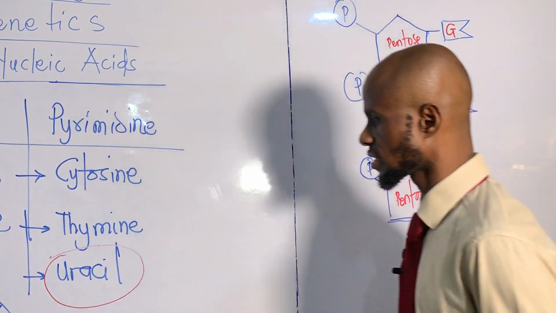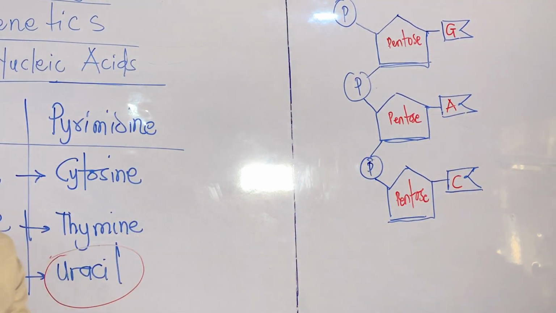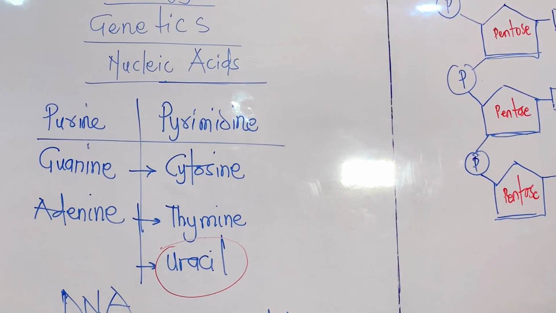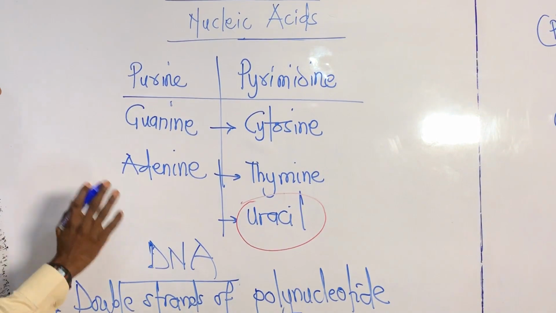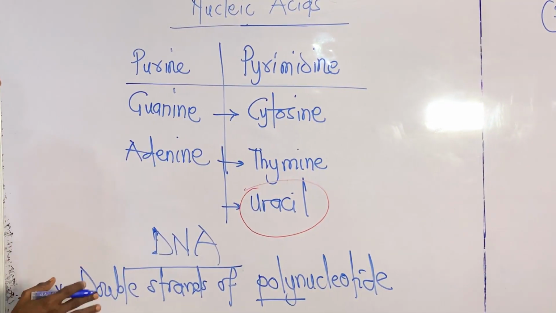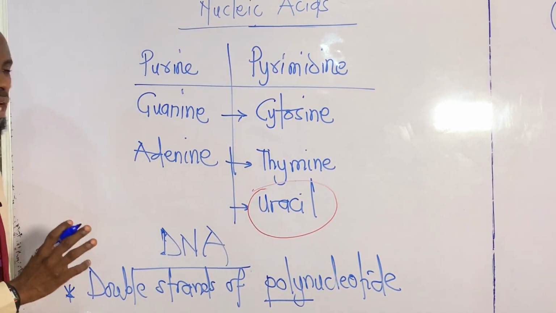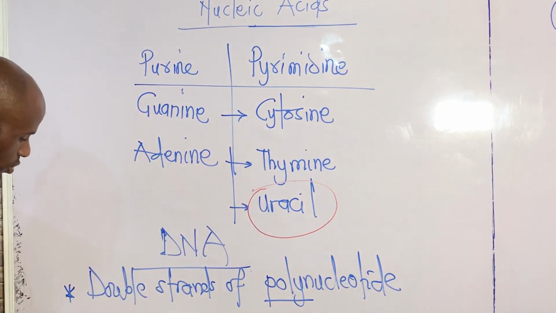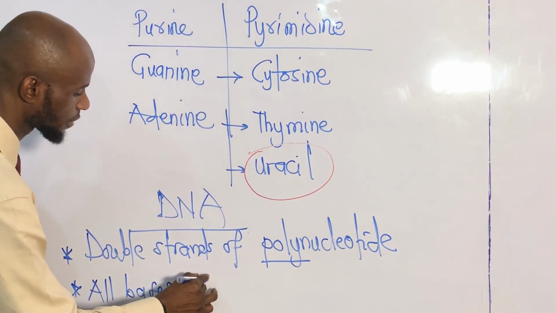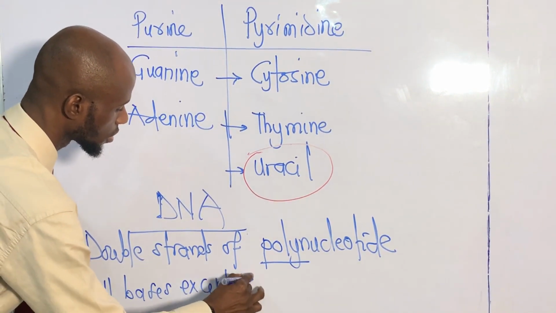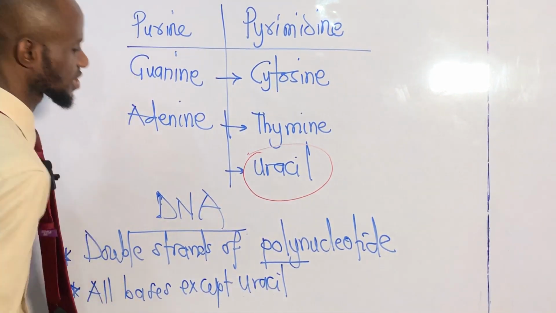So let's highlight the nitrogenous base for a DNA. Very important. All the 4 bases are found in the DNA except uracil. So we say all bases except uracil.